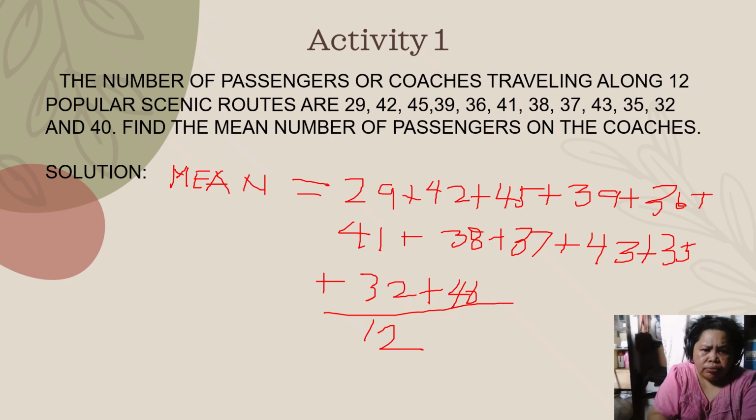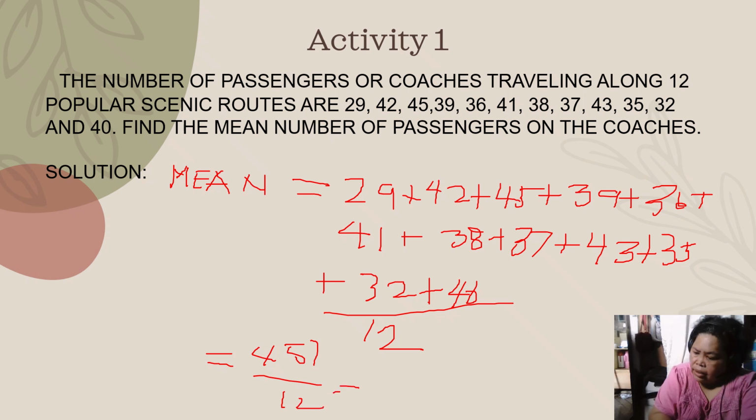The total value for that one is 457. So that is 457 divided by 12.